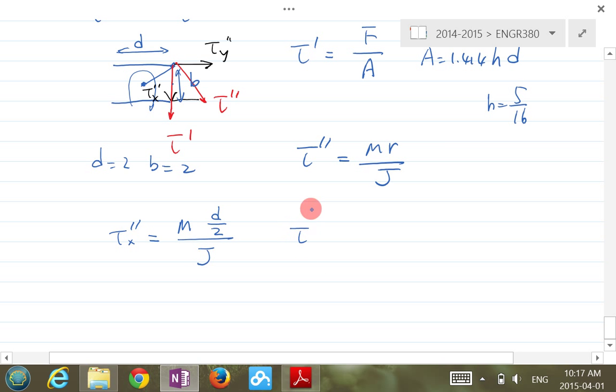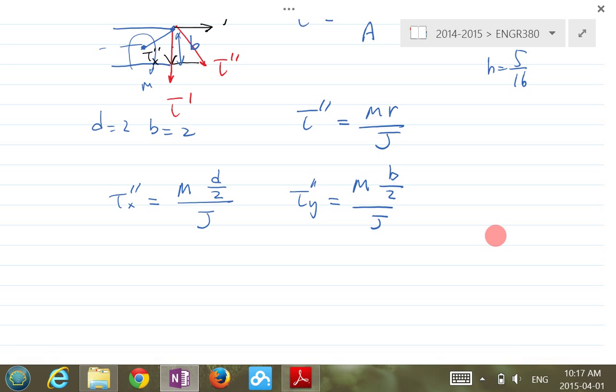What about tau y double prime? Tau y double prime is the shear stress in that direction, and it's due to the M. All you need is M times half of the B, over J. Does that make sense? B and D are both 2, so you can calculate.